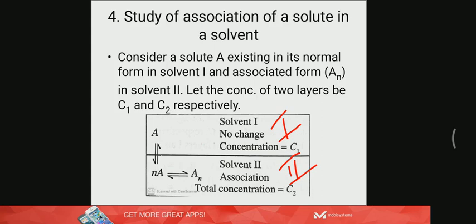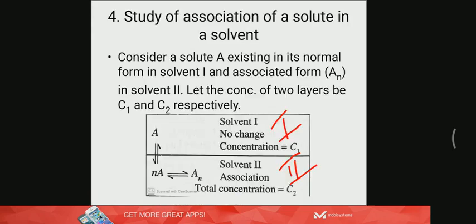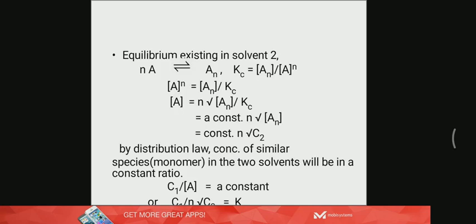So there's an equilibrium in solvent 2, that is N molecules of A polymerize into AN. So remember, C1 is the concentration of A in solvent 1, C2 is the concentration of AN, that is the polymeric form in solvent 2. Now, we consider the equilibrium in solvent 2, that is the polymerization, written here.